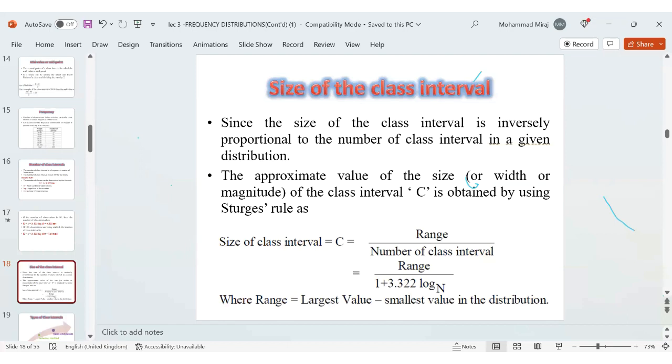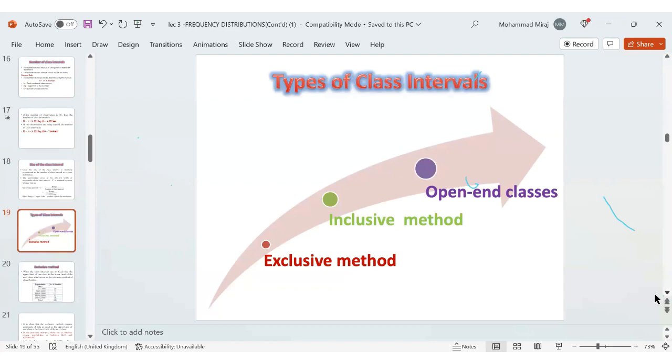The size of the class interval is range divided by the number of class intervals. Range, I have already told you, is the highest value minus the lowest value, divided by the number of class intervals, which is given by the formula 1 plus 3.322 log n. When you use this, you can easily calculate the size of the class interval.